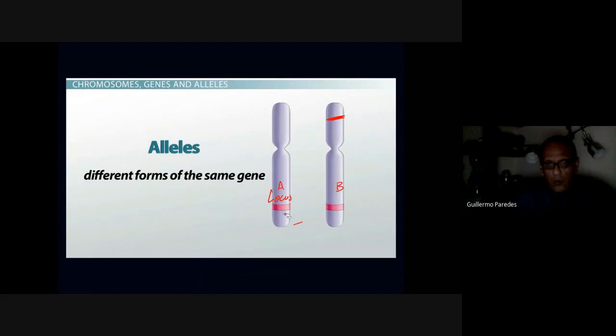So what I can tell you about this is this. When you have one allele, for example, black hair, and you have blonde hair here, this chromosome is divided into two branches, just to make it more real. And this is the father, and this is the mother.